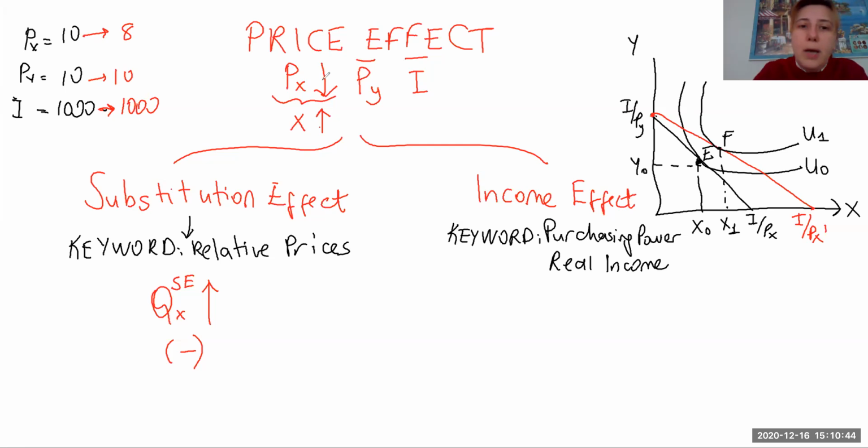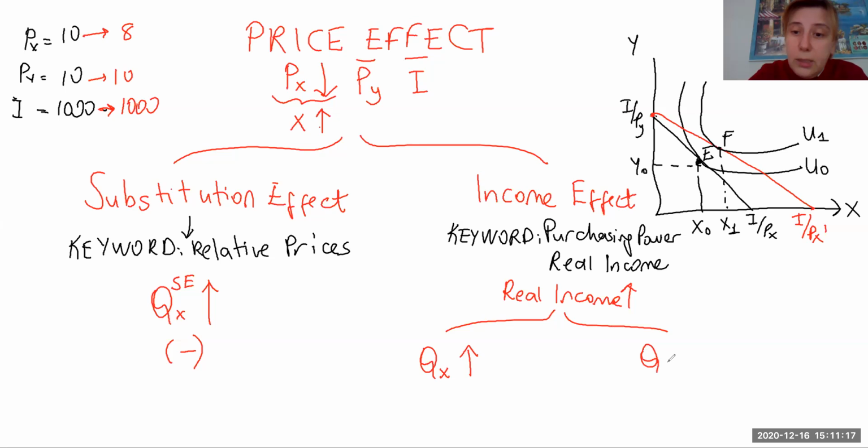So while the price of X is going down, the real income of this consumer increases, or the purchasing power of the income. Real income means purchasing power. And when the real income of a consumer increases, the consumer may prefer to buy more of this good, or in some cases, although the real income increases, quantity demanded of this good may decrease.